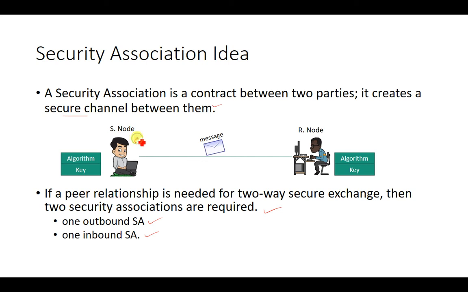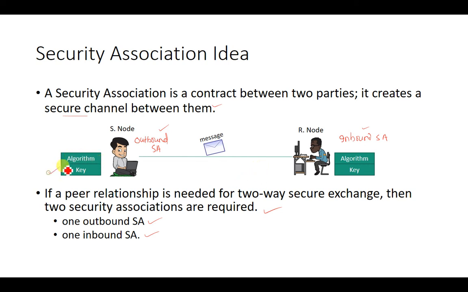So it contains an outbound security association, and it contains an inbound security association. Each of them stores values. Outbound SA or inbound SA, each of them stores the value of the key in one variable and the name of the encoding or decoding algorithm in another.